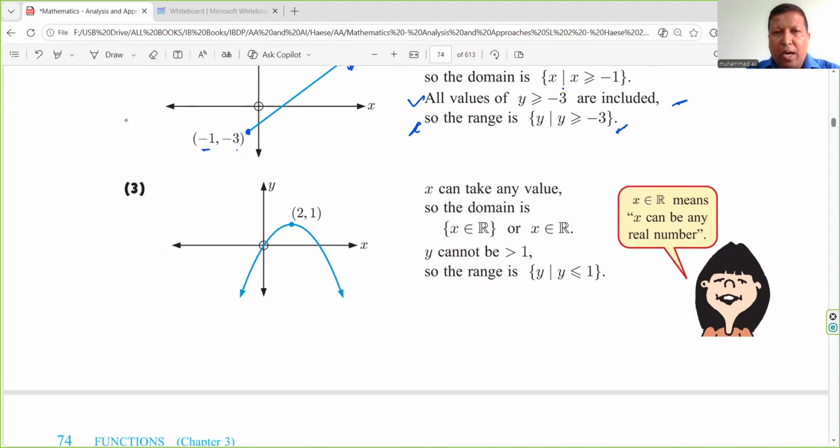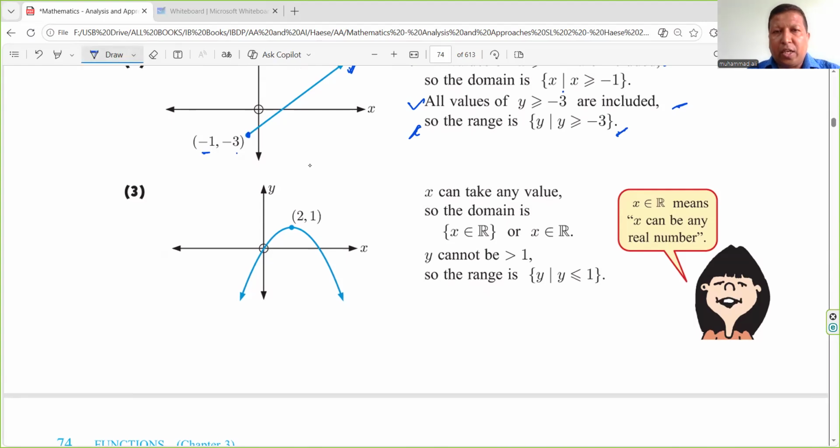Now the second one, here this is a cap-shaped curve. The arrow symbol says that you can take x values negative, you can take x values positive. So the domain is x belongs to real numbers. This is set format.